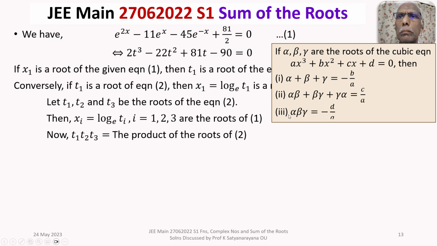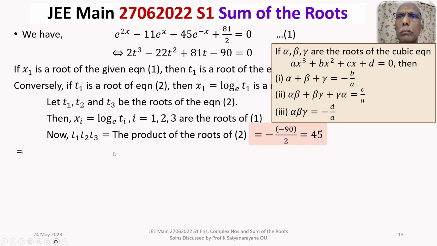And the third, the product of all the 3 roots, is equal to minus the constant term by the leading coefficient, that is minus d by a. Here we want T1, T2, T3, the product of the roots, and that will be equal to minus the constant term, that is minus minus 90, by the leading coefficient 2, that is plus 45.